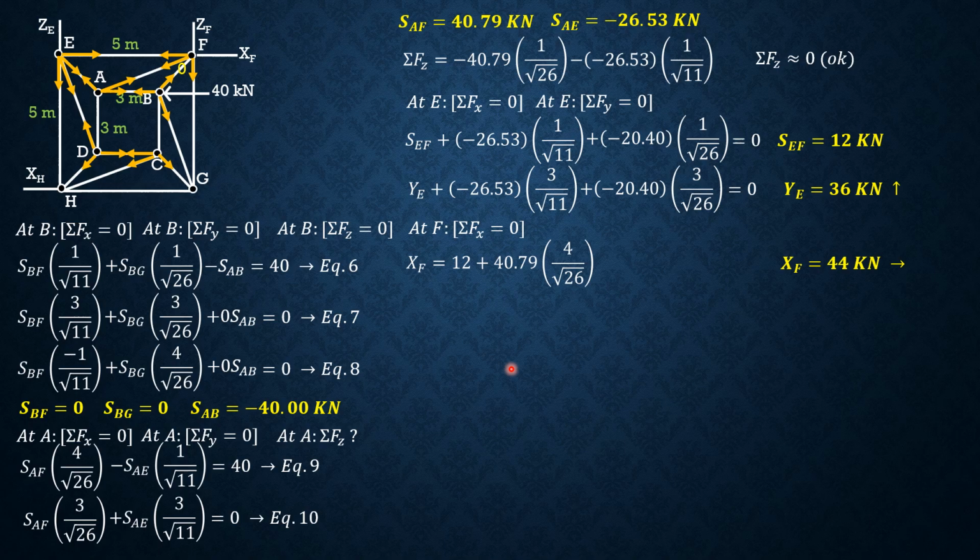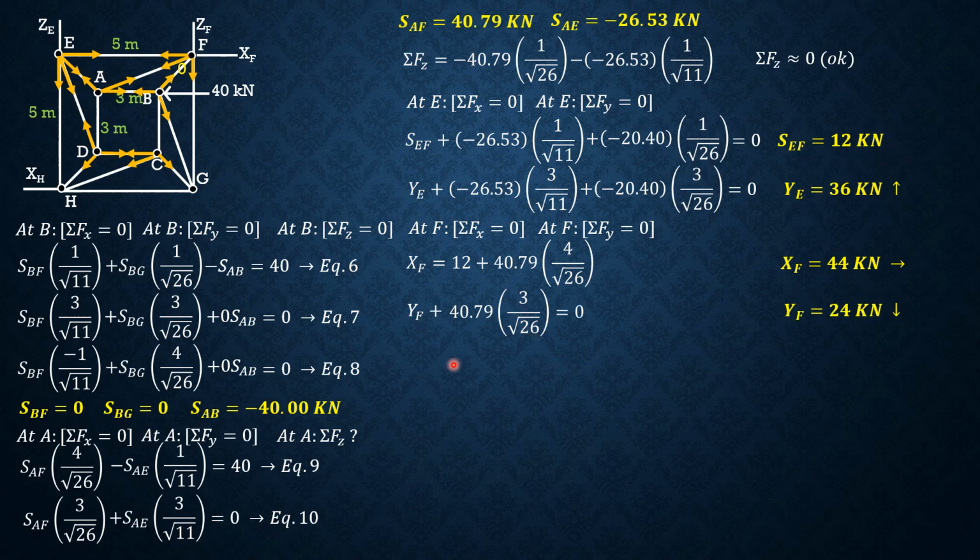Summation forces Y, upward force positive. So let's assume again that the vertical reaction at F is pointing our eyes, so upward, and there's only one force that is upward also, AF. So YF plus AF, which is 40.79 times 3 over square root of 26 equals 0.